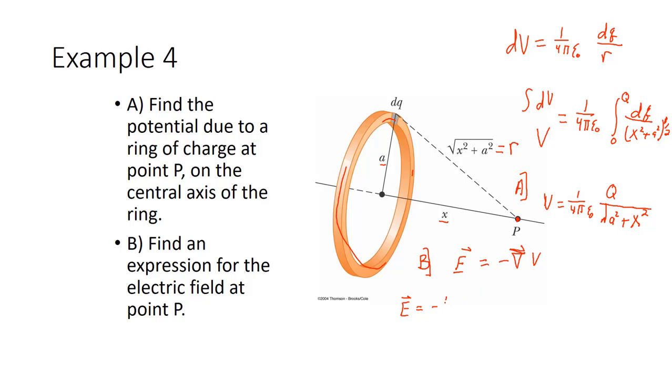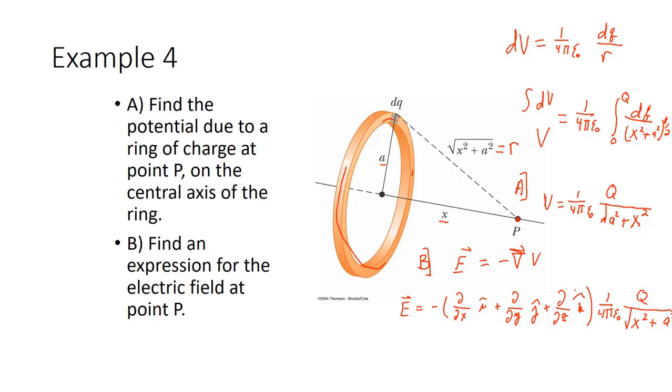So negative, open operator, partial x i plus partial y j plus partial z k, operating on 1 over 4 pi epsilon naught q over square root x squared plus a squared.